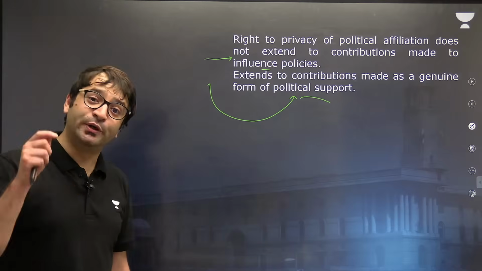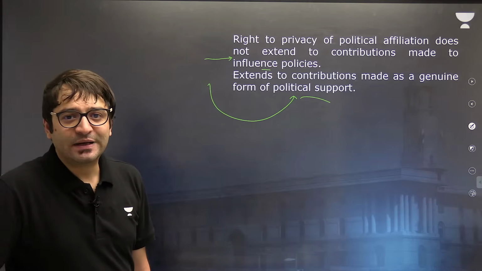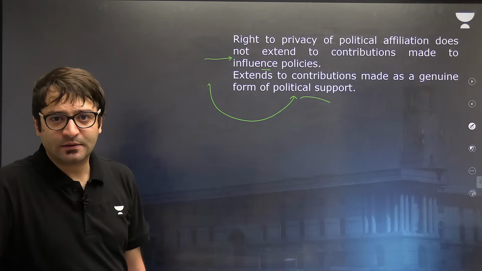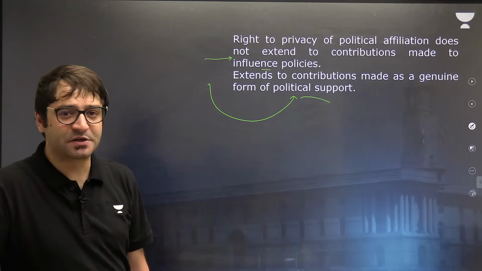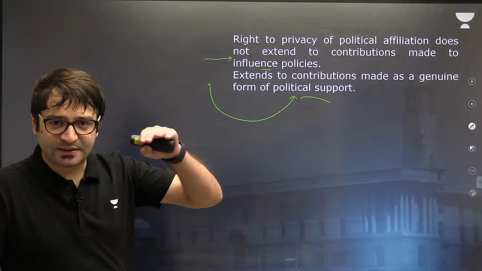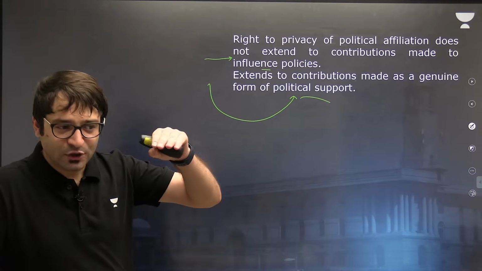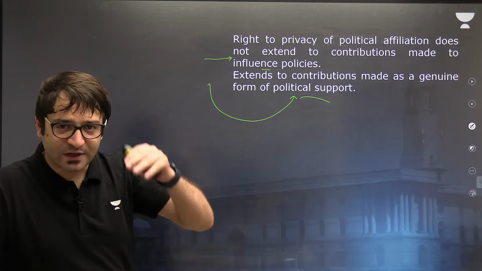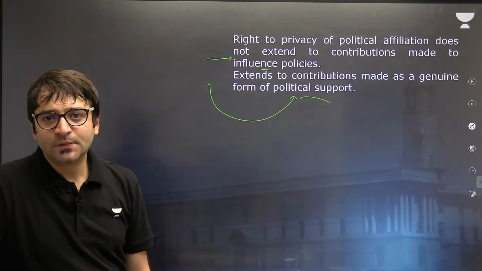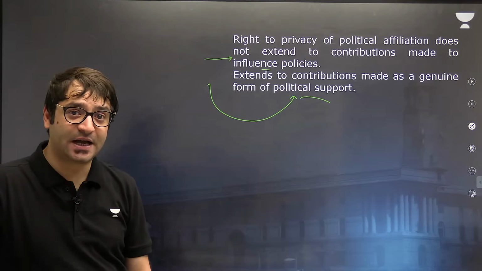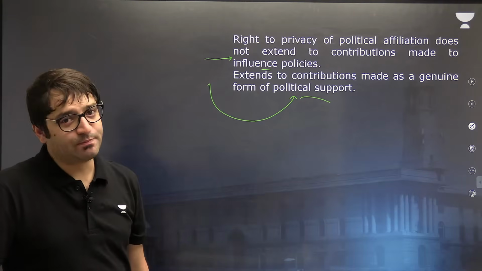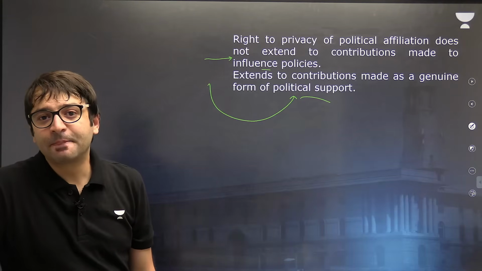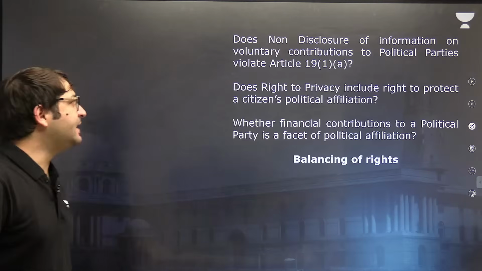It is because you want to influence policies. You want to get into give and take. Get a contract, get a license, get a permit, change policies. Because now you are at the table with political parties to influence their policies and programs. So a contribution less than 20,000 can be protected under the guise of right to privacy, but not contributions more than that.